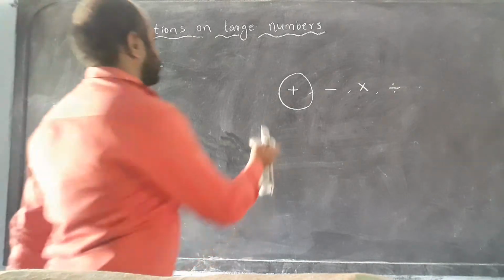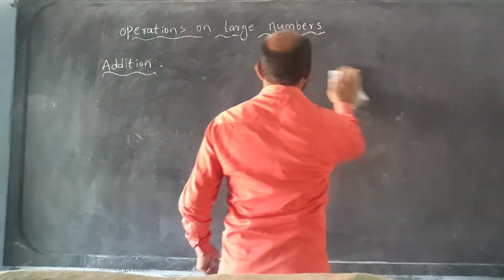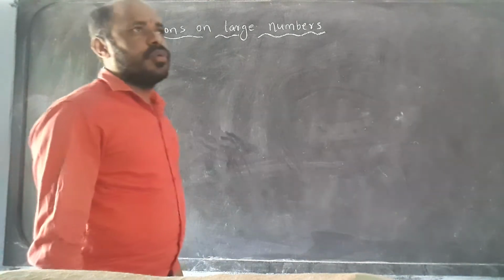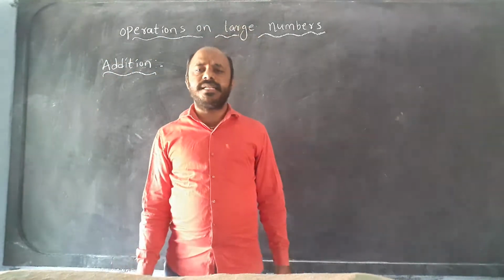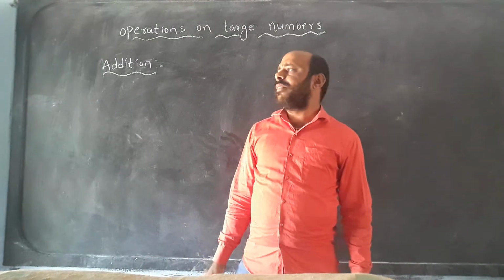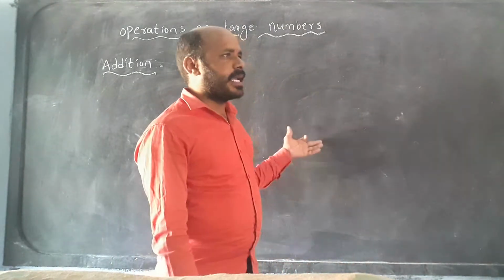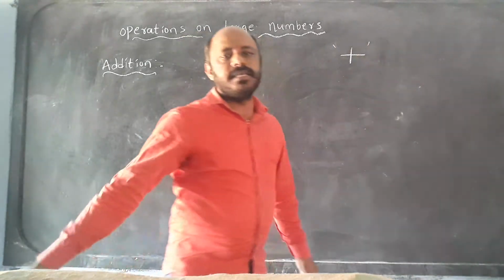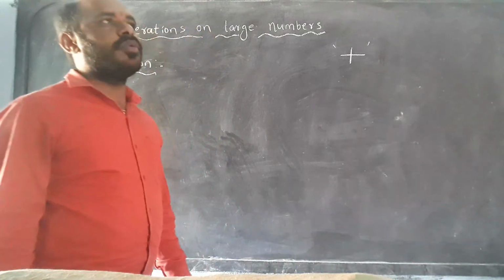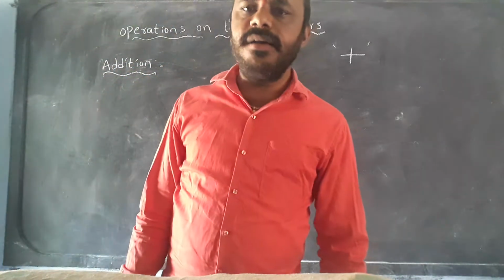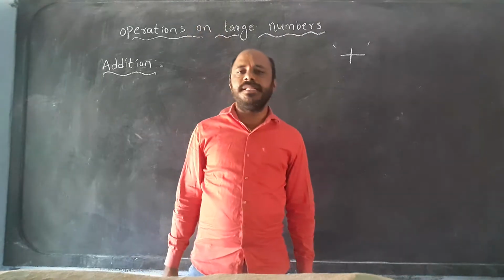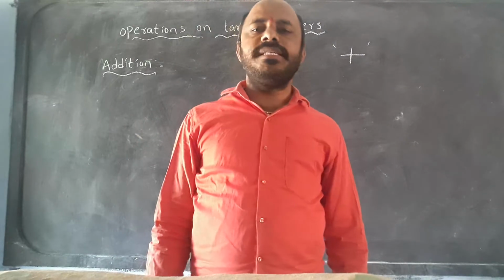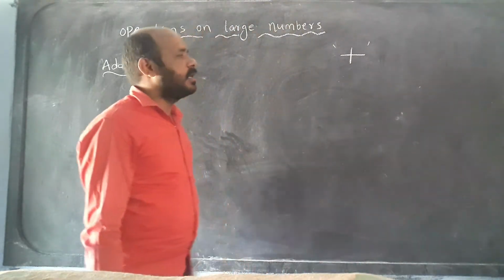I will take two six-digit numbers and apply the plus symbol between them. There are two methods for addition: the vertical method and the horizontal method. In daily life we mostly use the vertical method. First I will explain the vertical method.